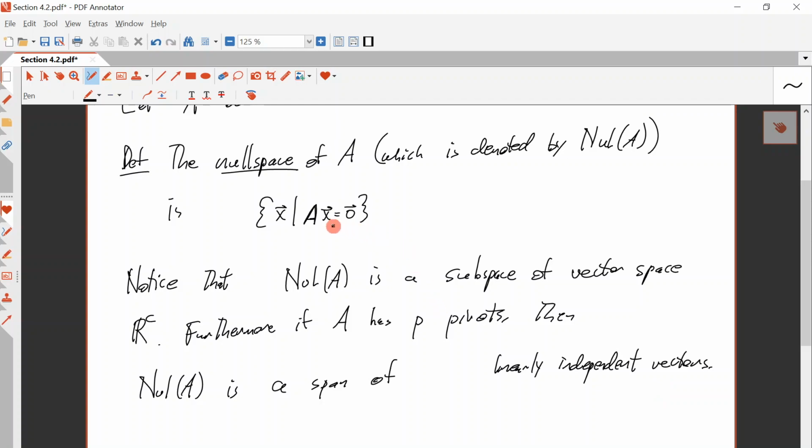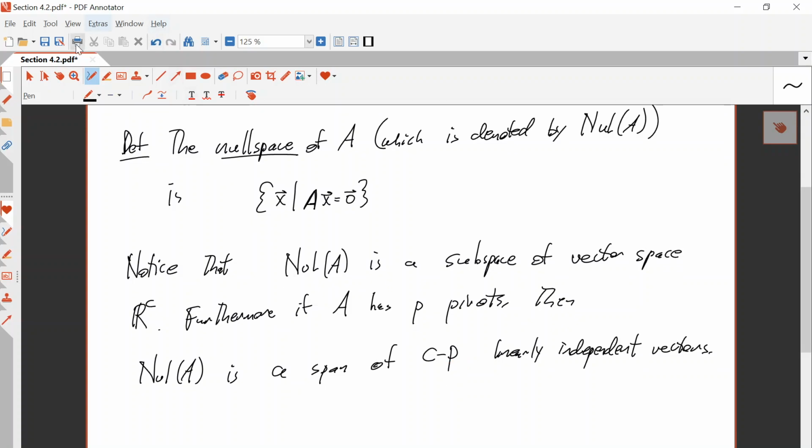So what you do is you reduce A into reduced row echelon form, right? The non-pivot columns correspond to the free variables, and the pivot columns do not. The number of free variables is the number of linearly independent vectors. We've gone over this before, but we'll go over another example right now. So it's the number of columns minus the number of pivots. It's a span of C minus P linearly independent vectors.